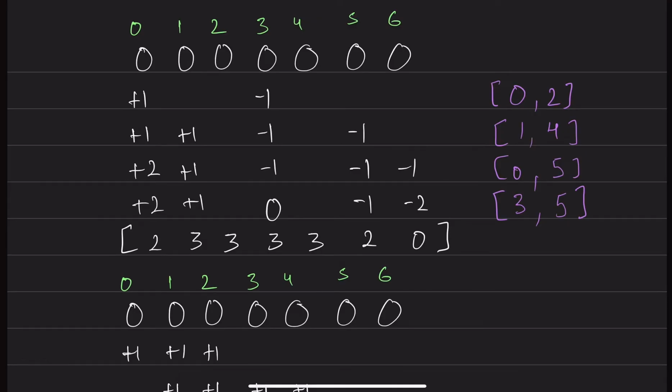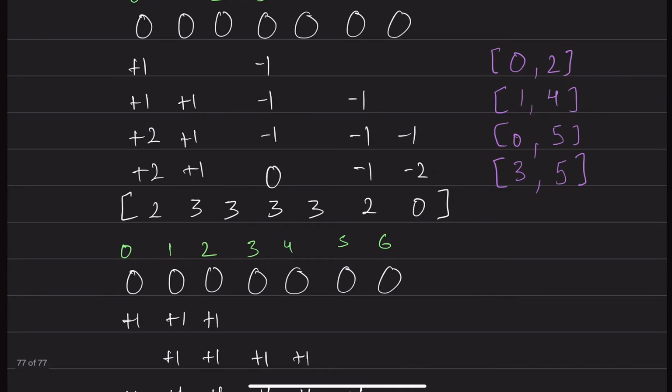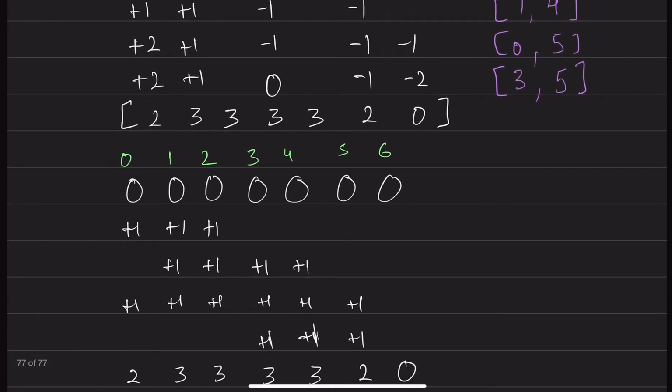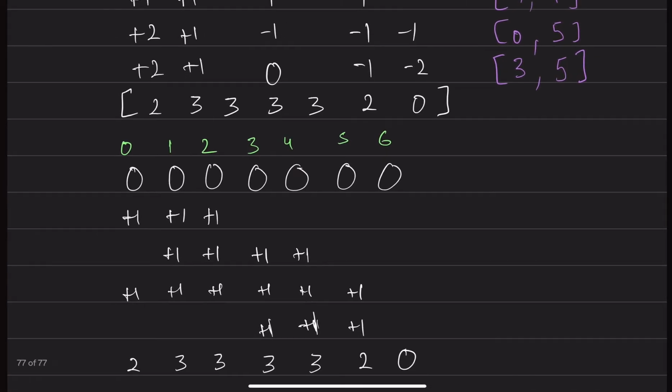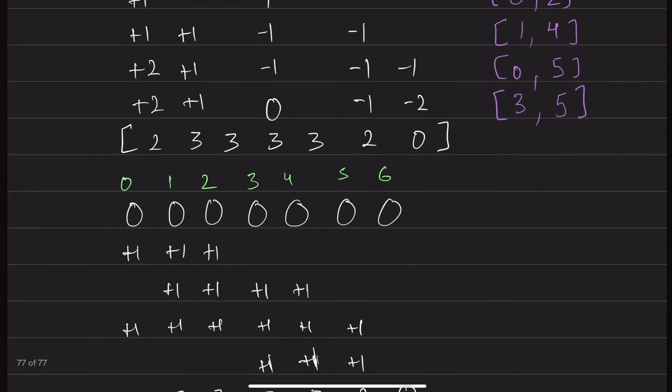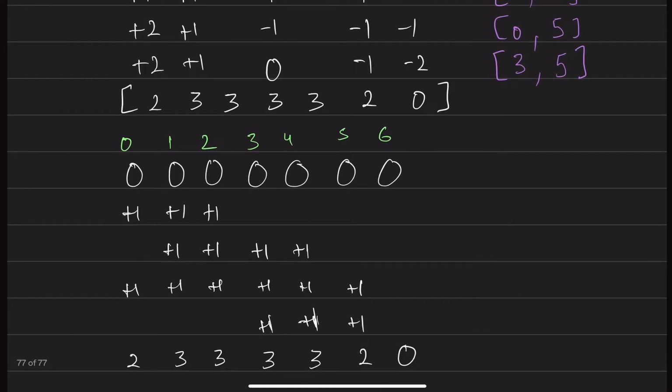Suppose we have these queries. For these queries, what will be my array? Let's think, first of all, what should be my output? I will go to each of the positions and increment by 1.